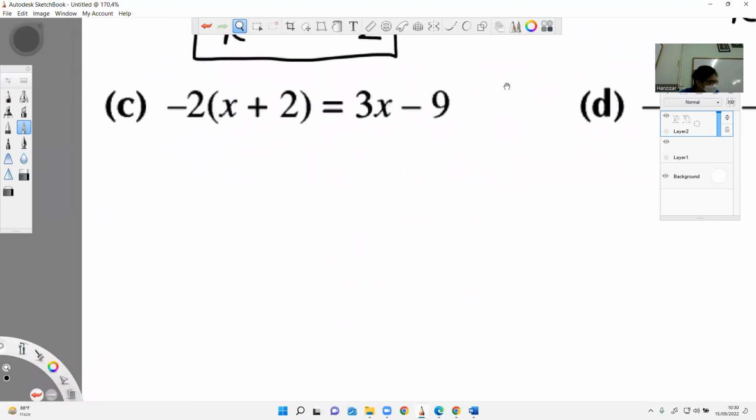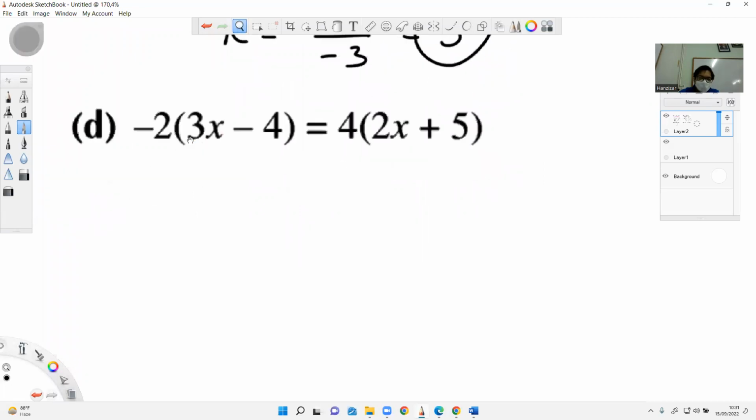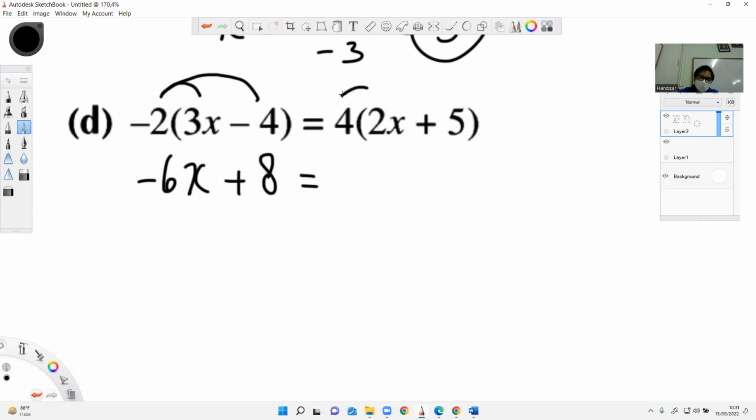Do it yourself. Later on, you can do it yourself. But let's see question D. Double, right? We have double bracket. Expand both. Negative 6x plus 8. Hati-hati ya, has to be plus 8x plus 20. Plus 20.